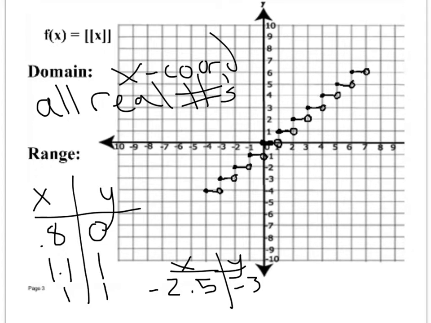Remember, this is the greatest integer function. So my range is all integers. Whole numbers are 1, 2, 3, 4, and 5. Integers are negative 1, 2, 3, and 1, 2, 3, 4, 5. All right. So my range is all integers.